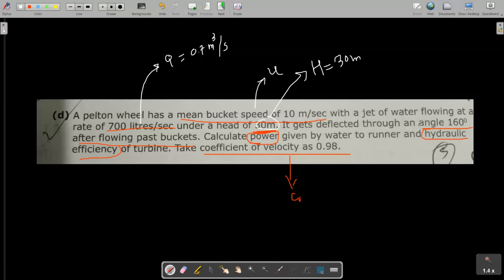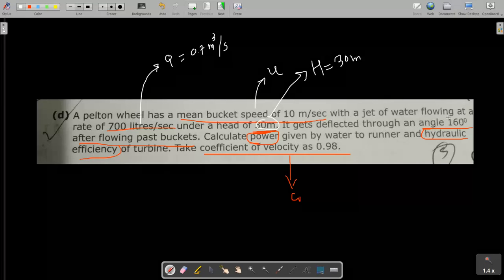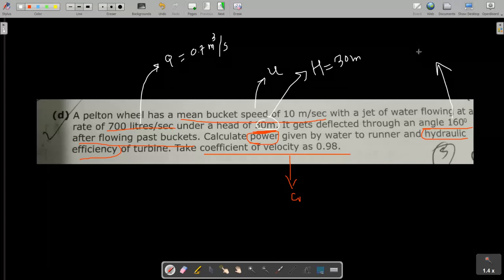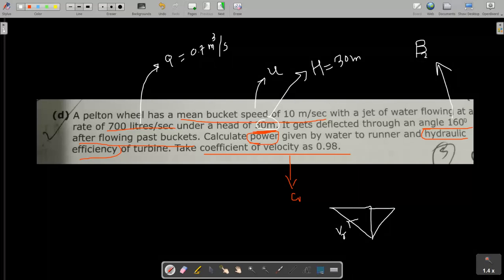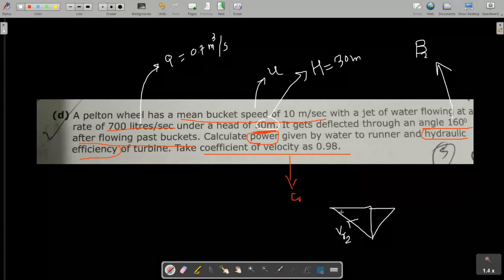Now it is deflected through an angle of 160 degree. Here it is outlet vane angle beta 2. When you draw the velocity diagram at the outlet like this, this is the Vr2, that means relative velocity between blade and water jet.